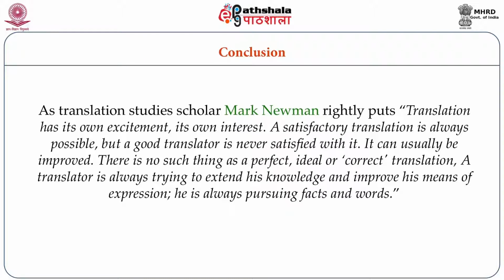Now let us summarize our discussion. Through this discussion we came across different types of translation, different methods of translation, and we came to understand that we are surrounded by works of translation. We read famous texts of world literature or famous texts of Indian literature. It is a product of written translation.